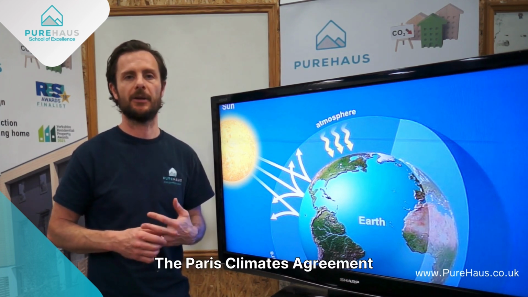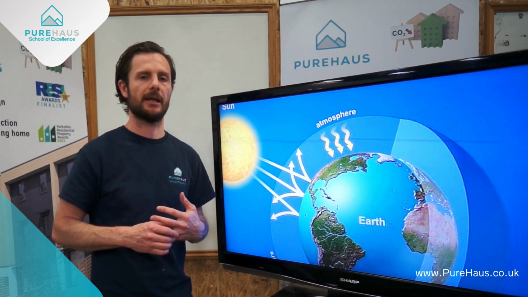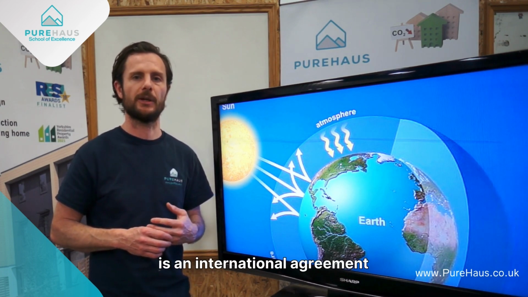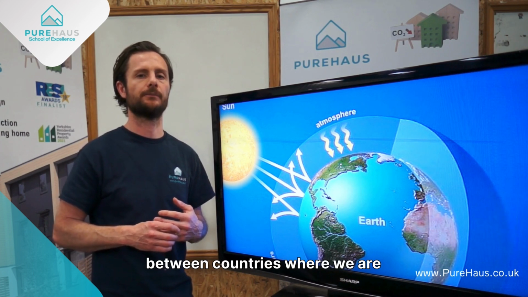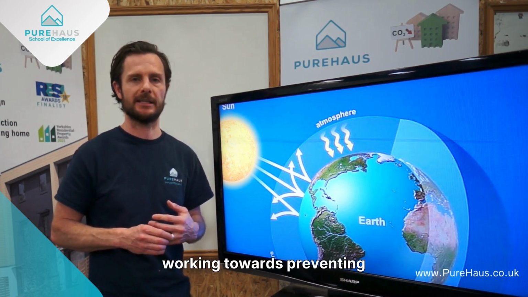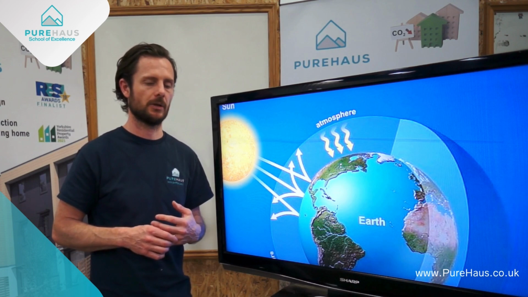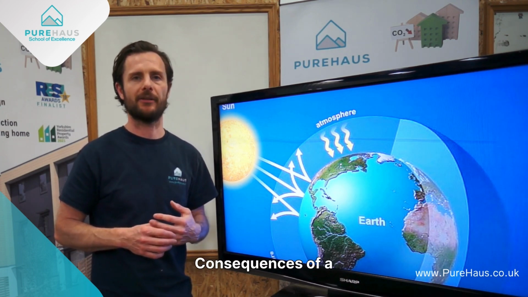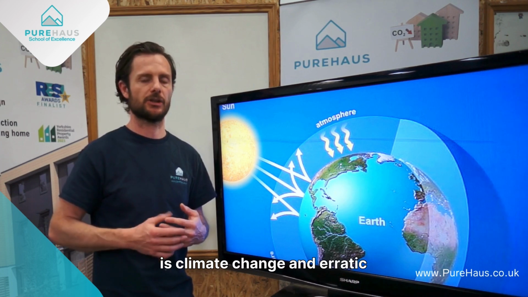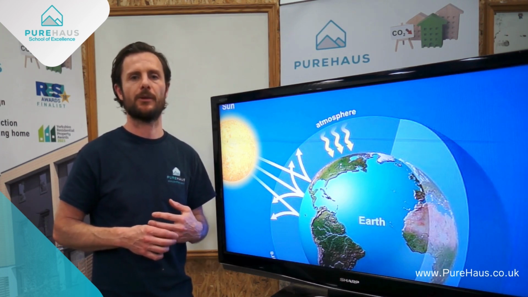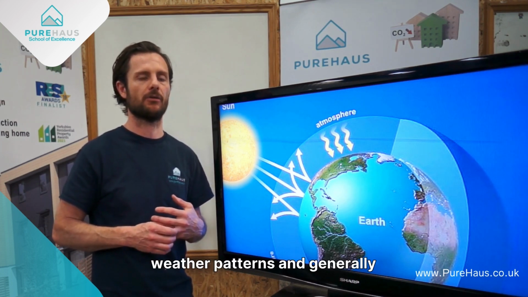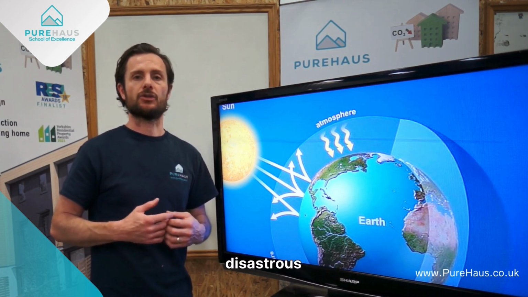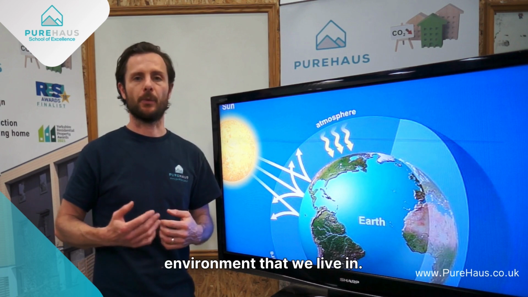The Paris Climate Agreement is an international agreement between countries where we are working towards preventing the planet from overheating. Consequences of a planet that overheats is climate change, erratic weather patterns, and generally a disastrous environment that we live in.